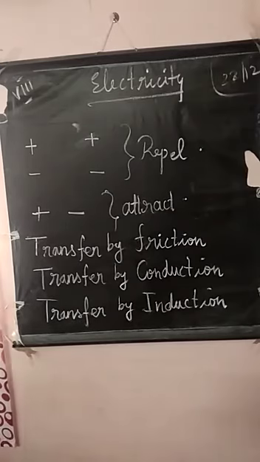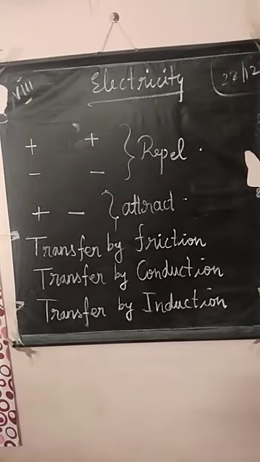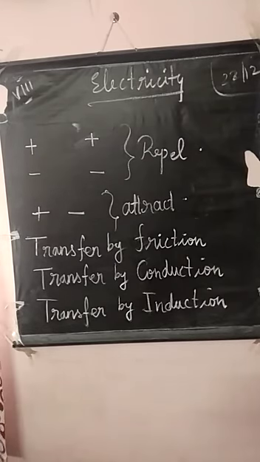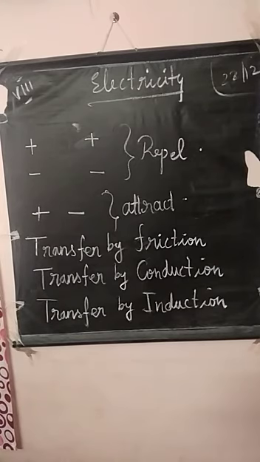So opposite charges, that is positive and negative, attract each other. Okay, these are the things about charge. So electric charge is measured in coulomb, and that value is 1.602 into 10 power minus 19 coulomb.